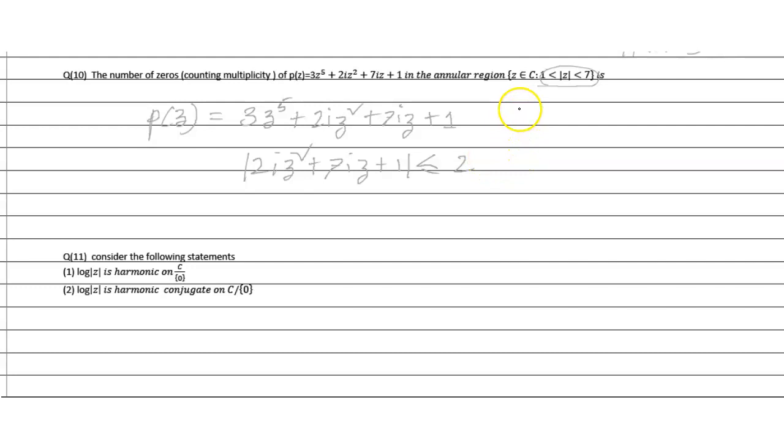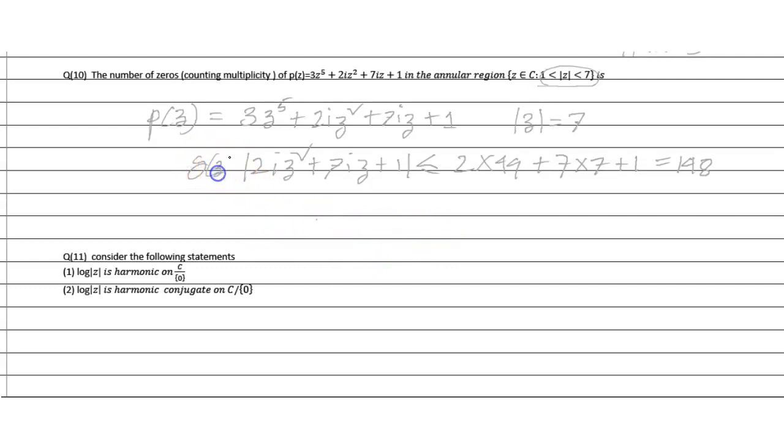and mod z equals 7. So 2 into 49 plus 7 square into 7 plus 1, that value is 148, and this portion is called g(z).